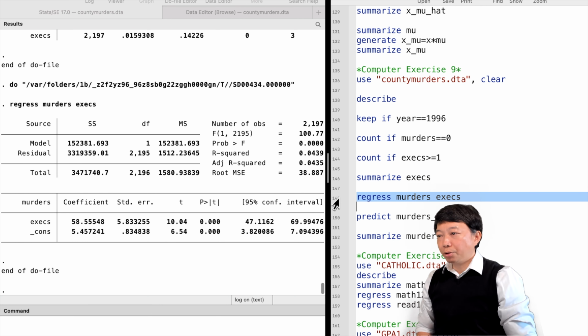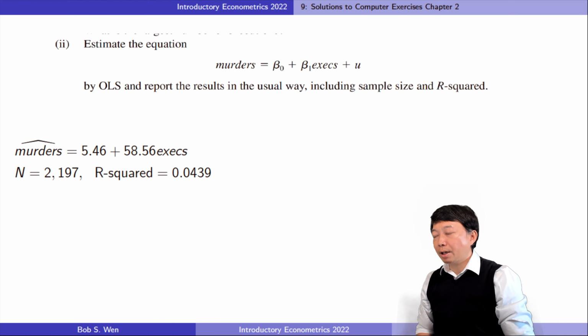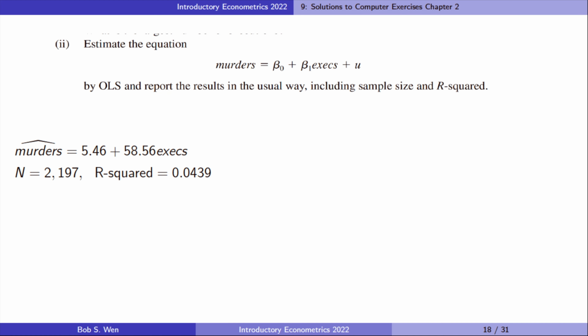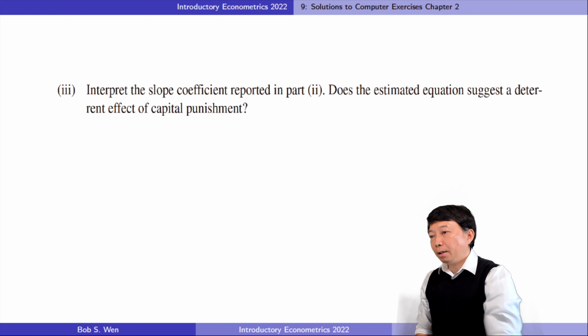For the second question, the estimated equation is as follows. For the third question, the slope estimate is 58.56. It suggests a positive correlation between the number of murders and the number of executions.